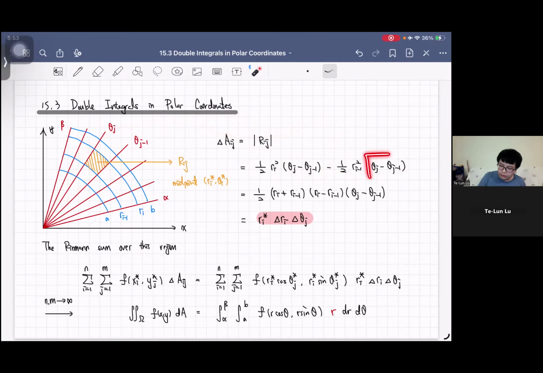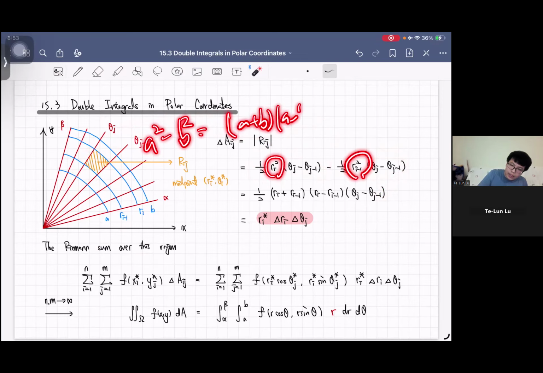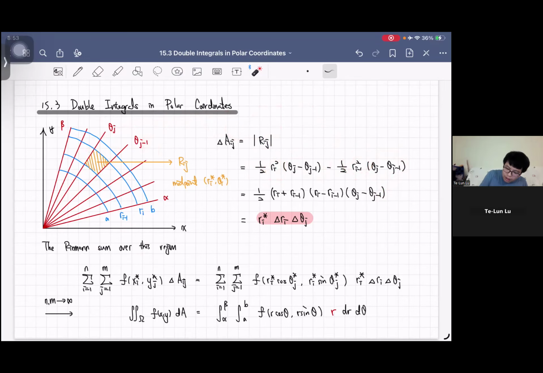If we factor out the same part, which is delta theta_j, then we have r_i squared minus r_{i-1} squared. Using the formula a squared minus b squared equals a plus b times a minus b, you have (r_i plus r_{i-1}) times (r_i minus r_{i-1}).